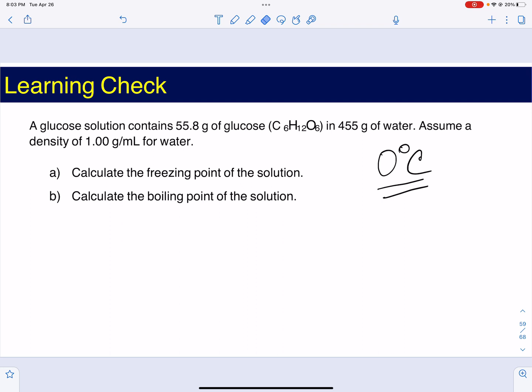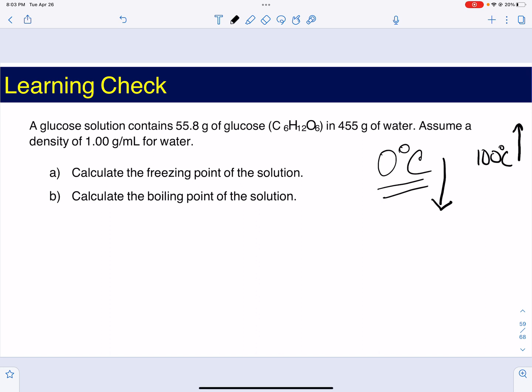The moment we add something to it, now you're going to have other intermolecular forces involved, and that's going to affect the freezing point and even the boiling point. The freezing point of the solution is going to be lower. We know that the boiling point of water is 100 degrees Celsius. That's going to be higher.